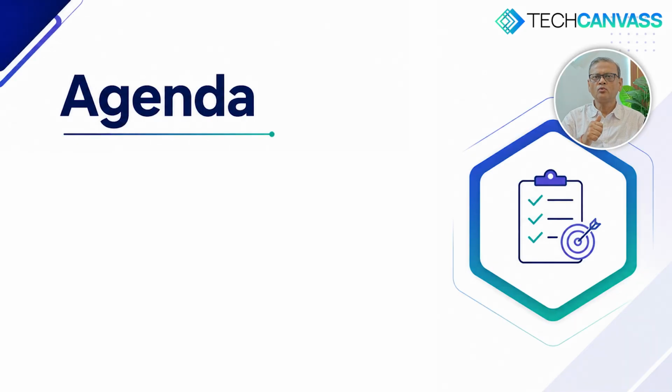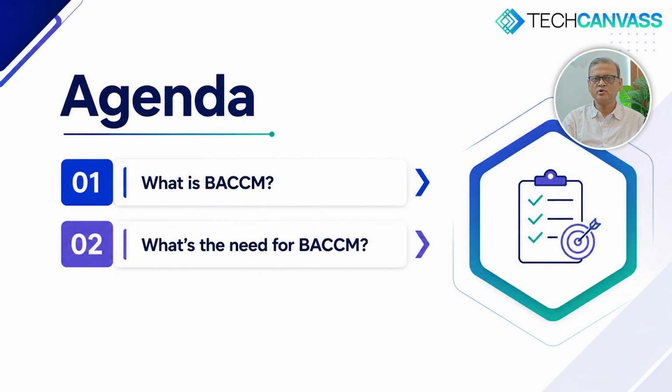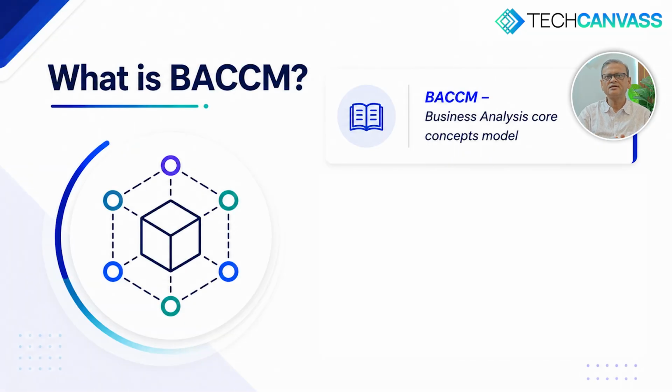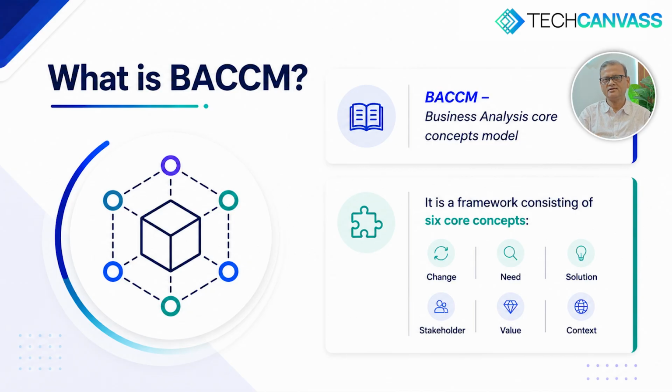On the agenda: what is the business analysis core concepts model? Why is it important? And then I'll take an example to help you understand how it really works in a real life scenario. So BACCM, or business analysis core concepts model, is comprised of 6 elements, which are change, need, solution, stakeholders, value, and context.